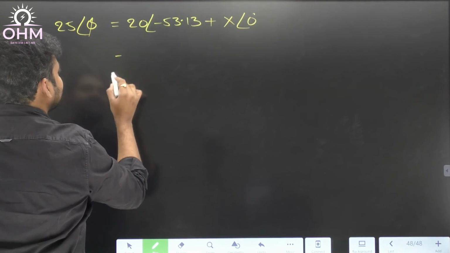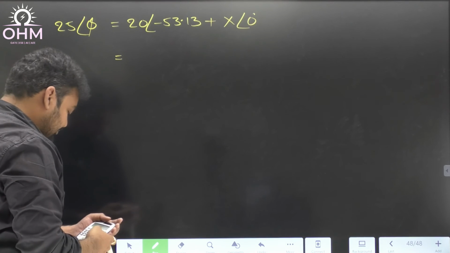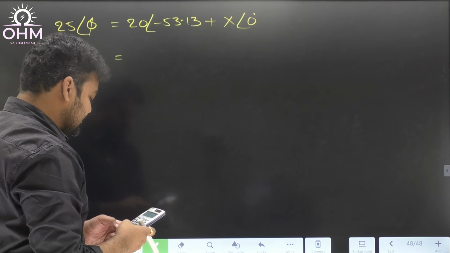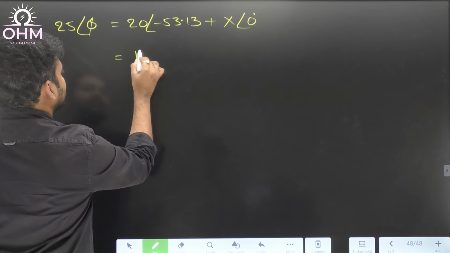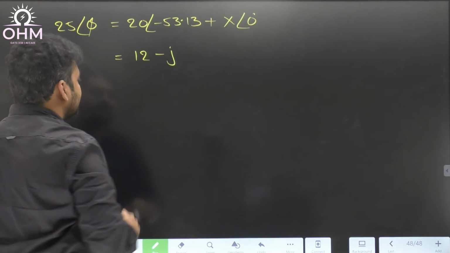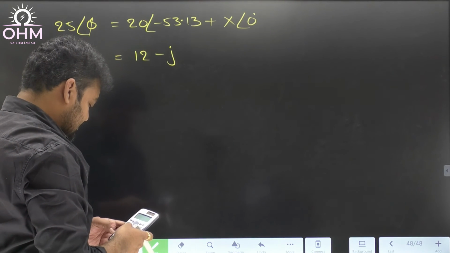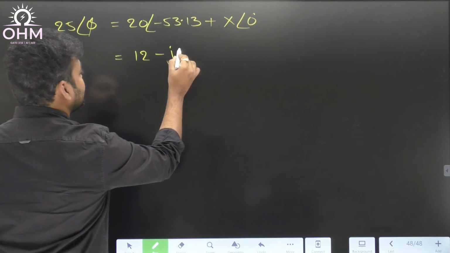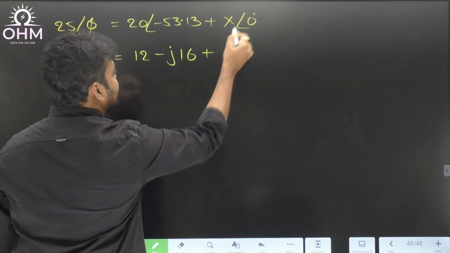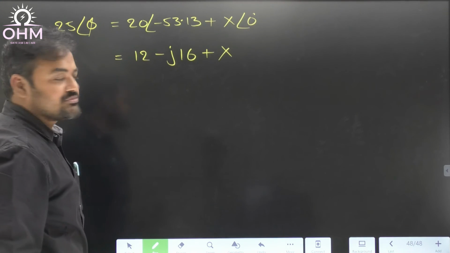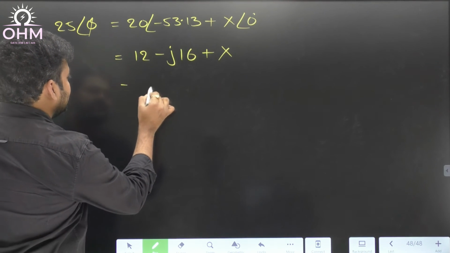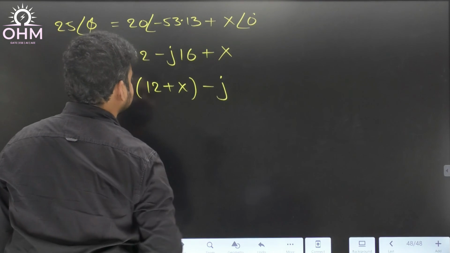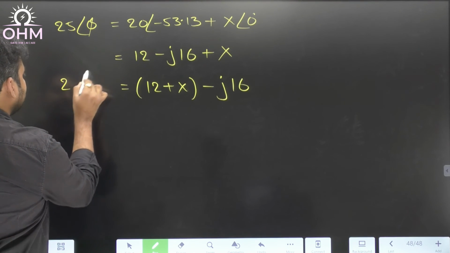Okay, therefore if I separate, 20 cos 53.13 is nothing but the active power, 12 kilowatt, minus j 20 sin 53.13, that is equal to 16. Okay, plus X at an angle 0 means only the real part will be there. So what is the overall? 12 plus X minus j 16. Okay, this is 25 at an angle phi.